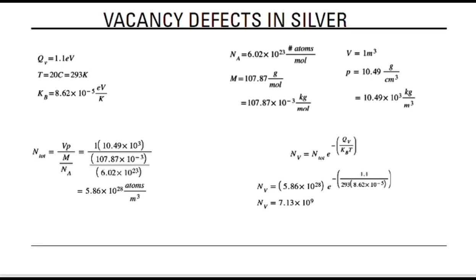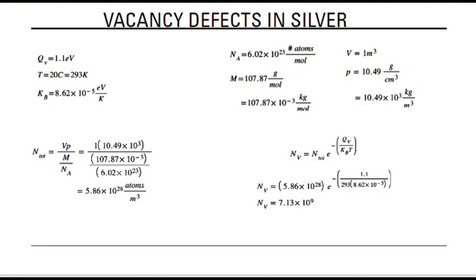The molar mass of silver is 107.87 grams per mole, and the density of silver is 10.49.